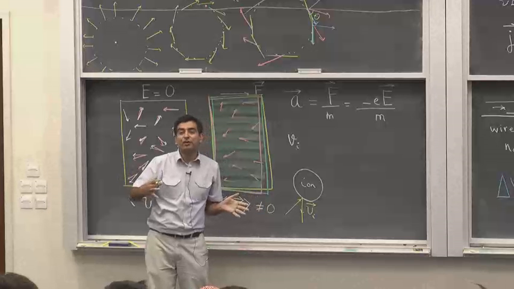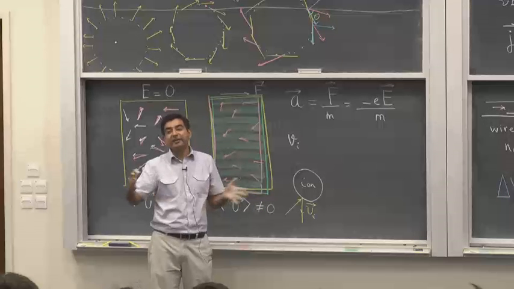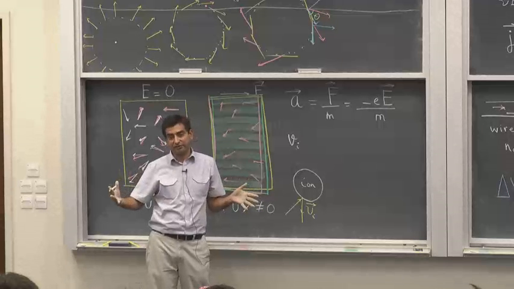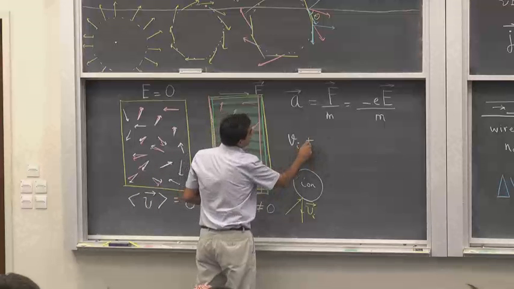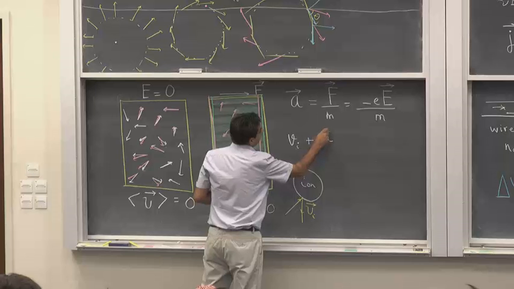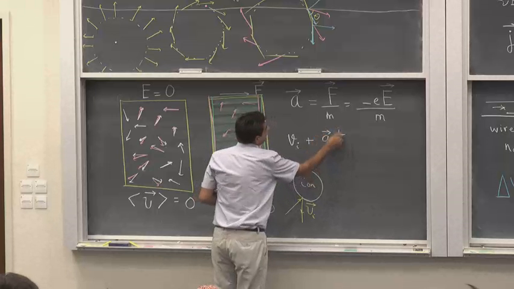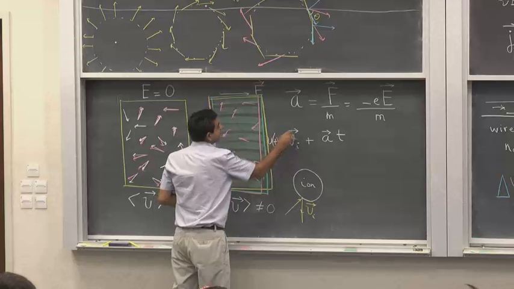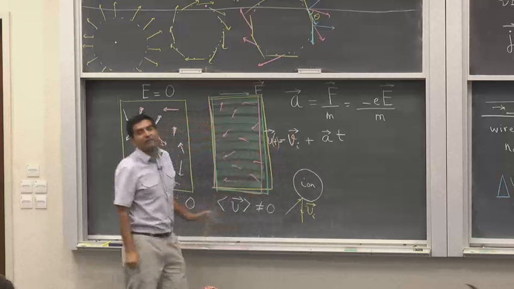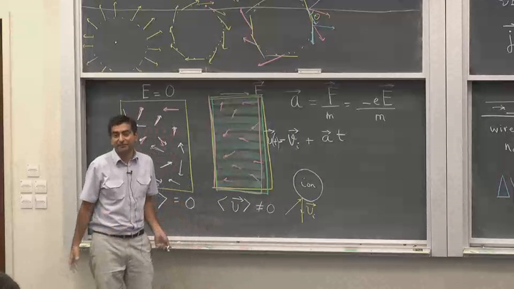It's of the order of 1% of the speed of light. It's a really large number because of the thermal motion of the electrons. So this initial velocity plus the acceleration times the time will give me the velocity of an electron at some time. This is a vector, this is also a vector. So the velocity of an electron at some time is given by this.